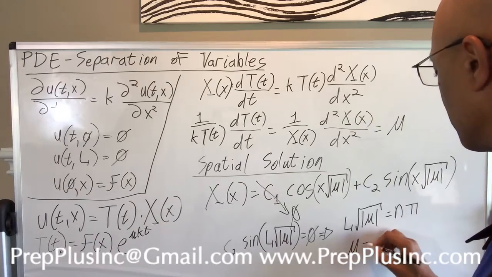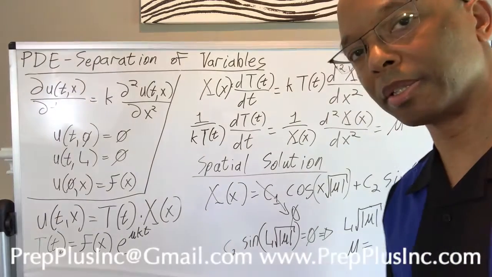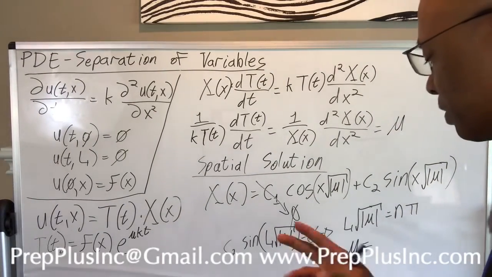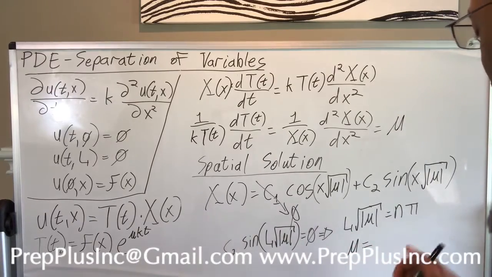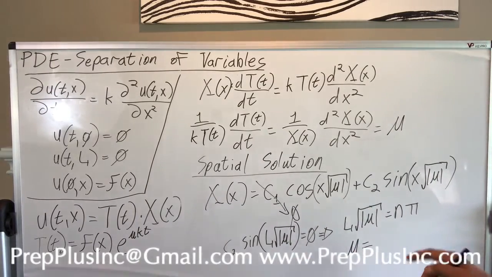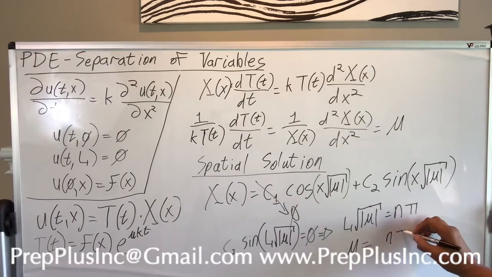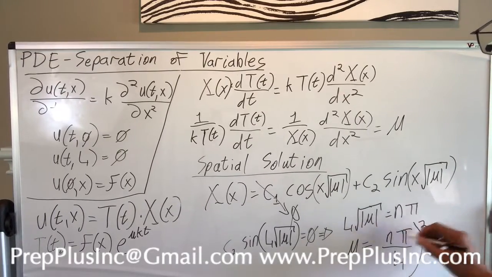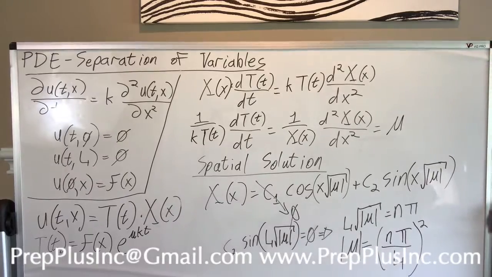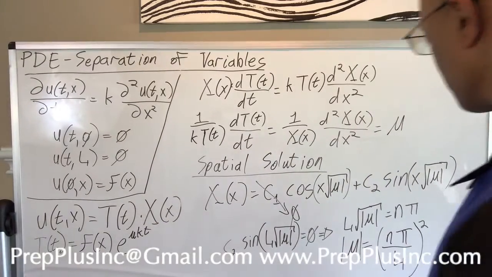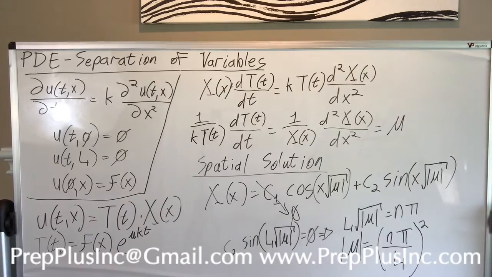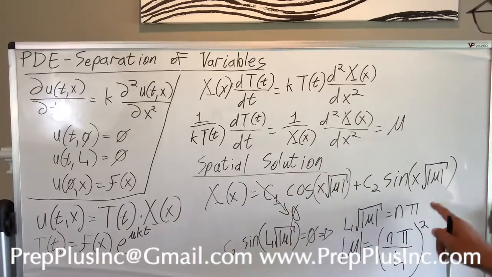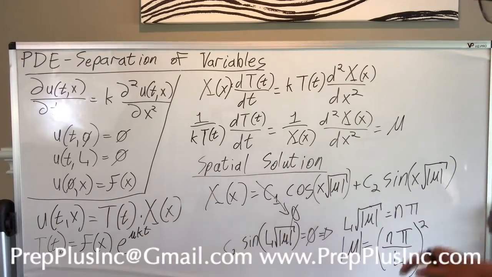So we finally got mu. The interesting mu's are negative, and the absolute value of mu is n pi over L, squared. Great, now we know what the solution is: C2 sine of x times the square root of this thing.